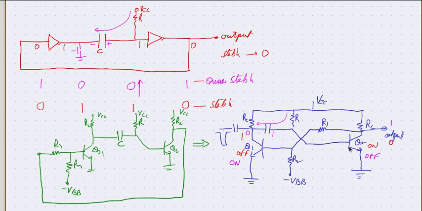This was on, meaning it was almost 0.7 volts for a silicon transistor, and this goes low by some 5 volts, then 0.7 minus 5, it goes down to minus 4.7. Whatever it is, the negative voltage confirms that the base emitter junction is reverse biased, which confirms that the transistor gets into cutoff for sure.